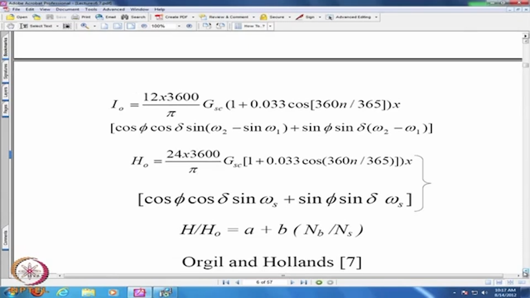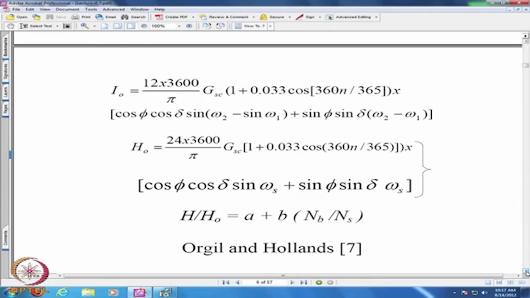Then as a relation to the bright sunshine hours and the number of possible sunshine hours at a location on a given day, originally Angstrom and subsequently Page have correlated the ratio of the daily radiation to the extraterrestrial radiation in terms of two constants A and B, which will depend upon the particular location under consideration.